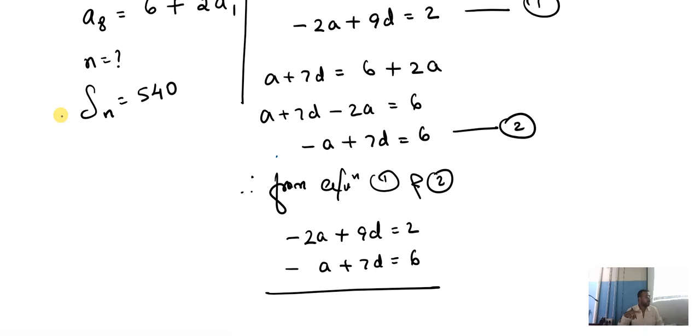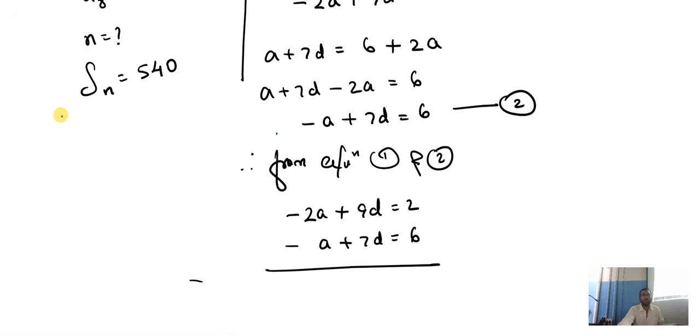But here it is 2A, but here is 1A. Both are not the same. Here is 9D, here is 7D. Both are not the same. But at least one term should get cancelled, either A or D. But here neither is getting cancelled. And anyhow, artificially we want to make them get cancelled.